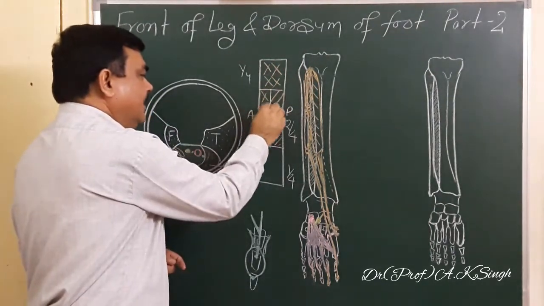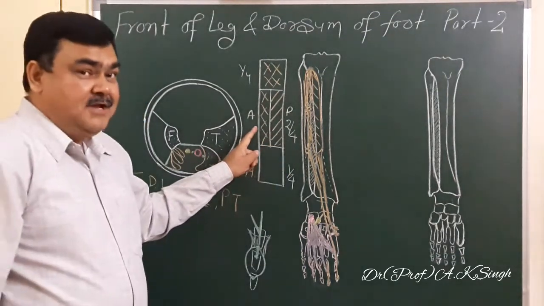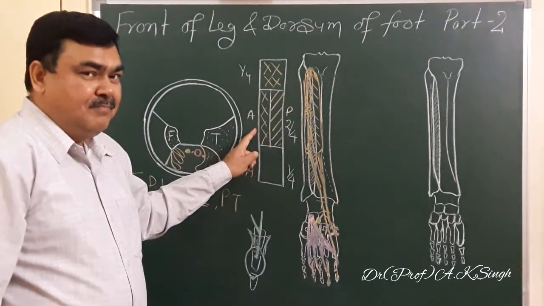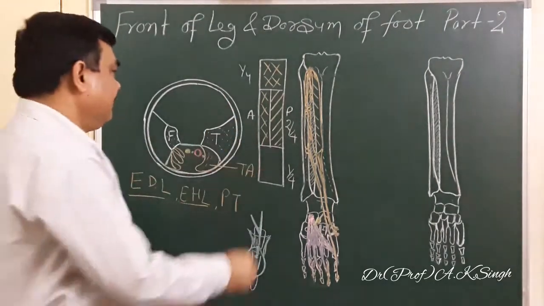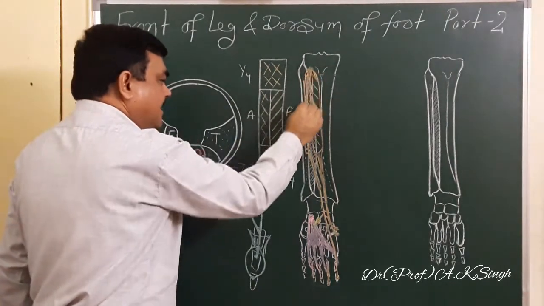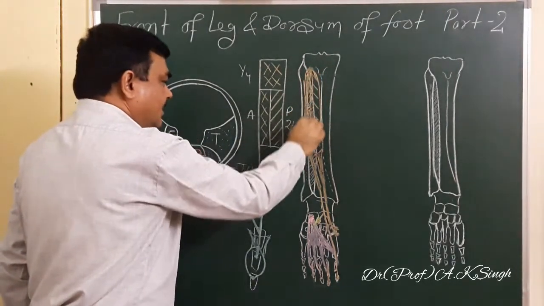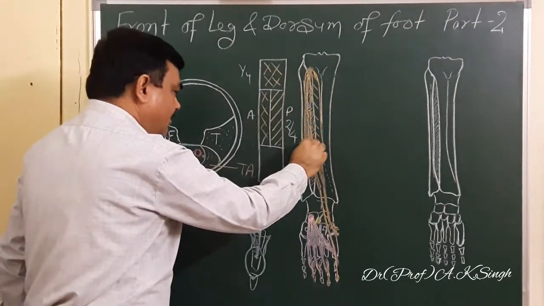It takes origin from here. That means anterior half of middle 2/4 of medial surface of the fibula. So it takes origin from these area and adjacent part of the interosseous membrane.